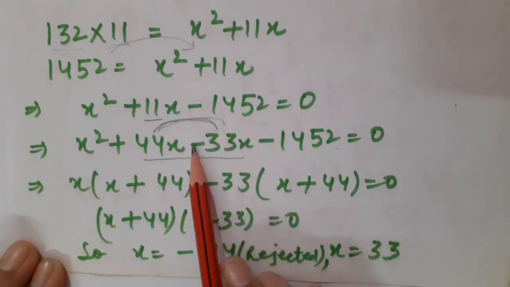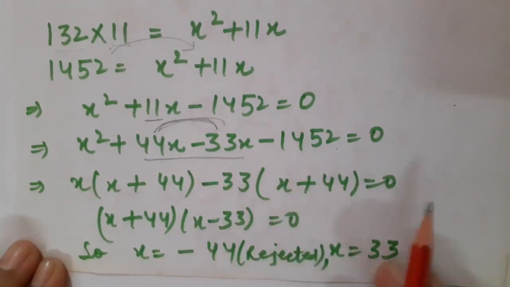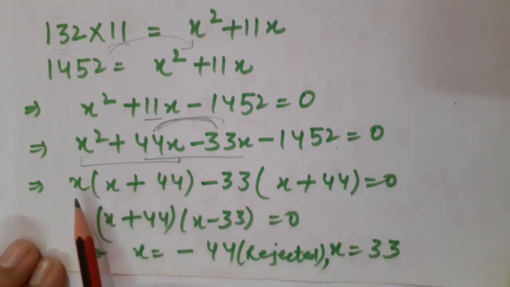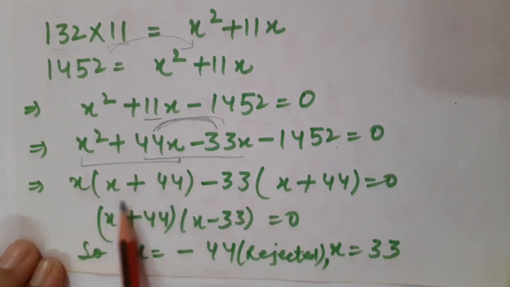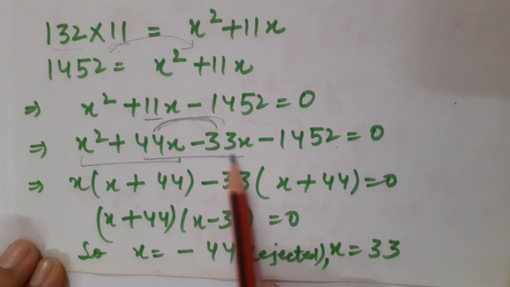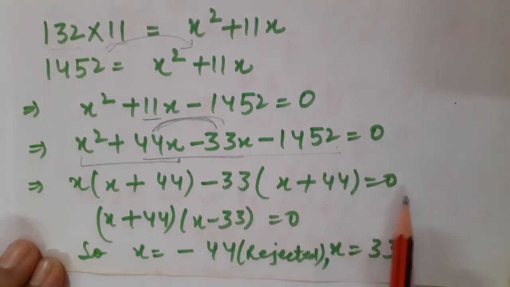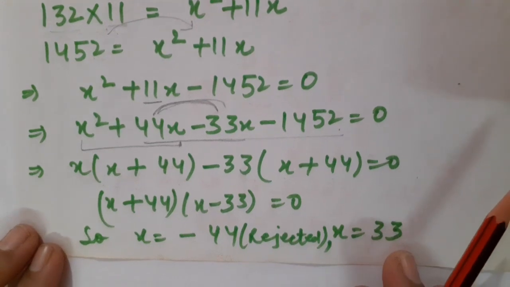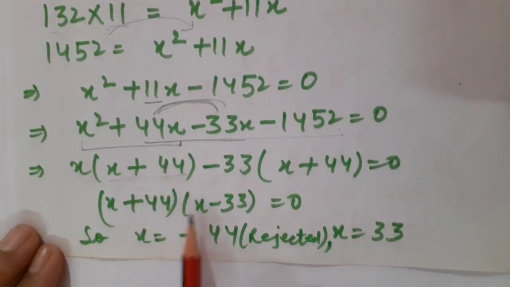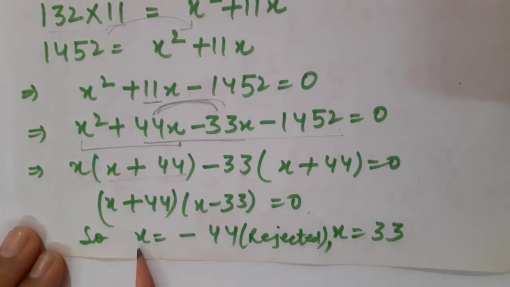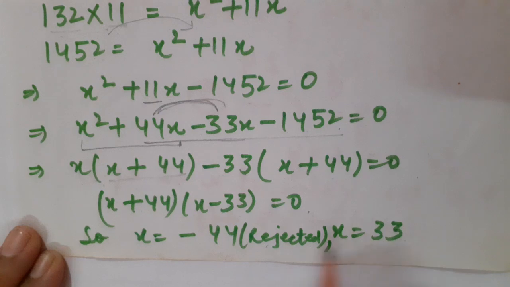With minus sign, because with minus 33 you are multiplying. Now while taking x as common from the very first two terms, inside the bracket I have got x plus 44. Here I am going to take minus 33 as common. I have got x plus 44 is equal to 0. So x plus 44 into x minus 33 is equal to 0. So x is equal to minus 44 and x is equal to 33.